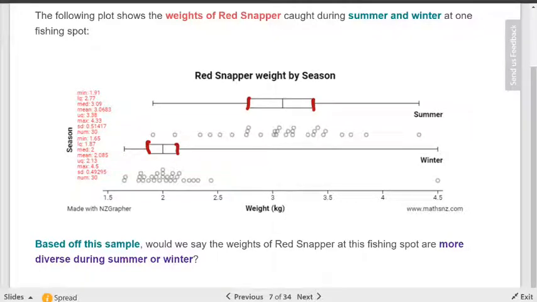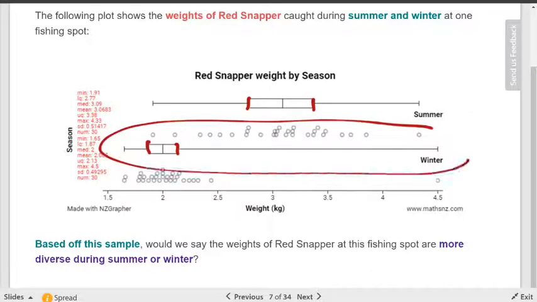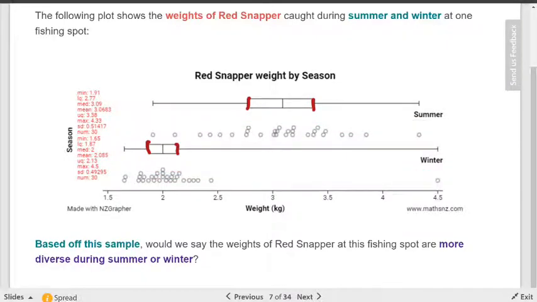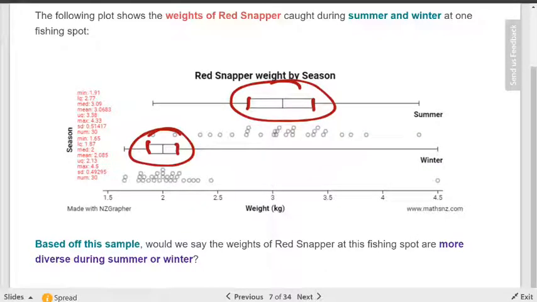So based off the sample, would we say that the weights of red snapper are more diverse during the summer or the winter? Well, if you're looking at the range, they're more diverse during the what? Winter. But if you were looking at the interquartile range, which one is more spread out? The summer, right?